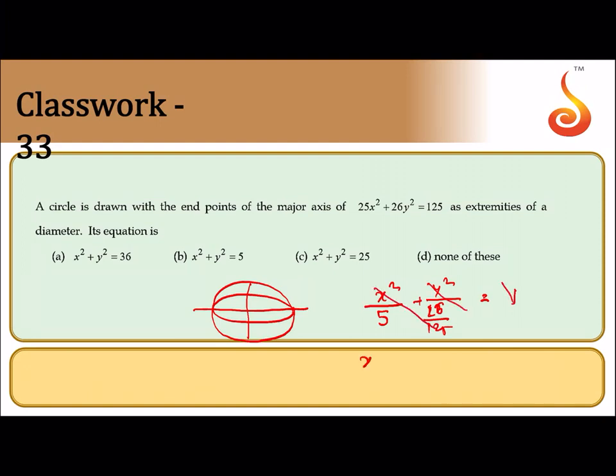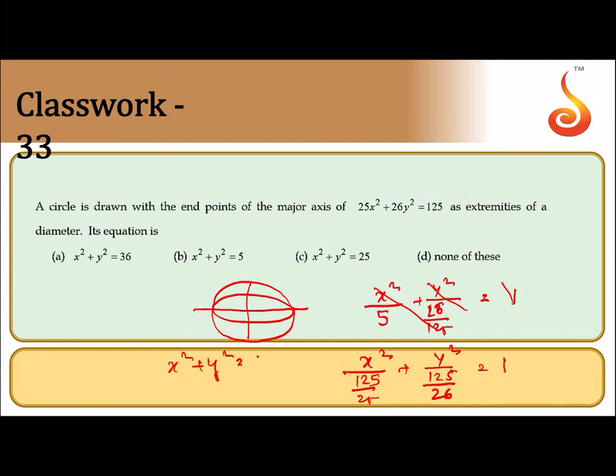So this is x square by 125 by 25 plus y square by 125 by 26 is equal to 1. Sorry, I wrote it wrong, so I wrote it once again.